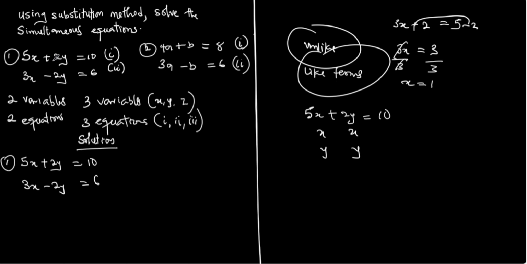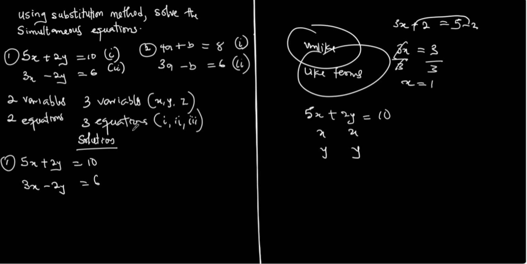So if I decide to make either x or y subject of formula in equation 1, what that means is that I now substitute that variable in equation 2. This is what I mean. So I have 5x plus 2y equals 10 in equation 1. I can decide to make either x or y subject of formula. But I will go ahead to make x subject of formula.